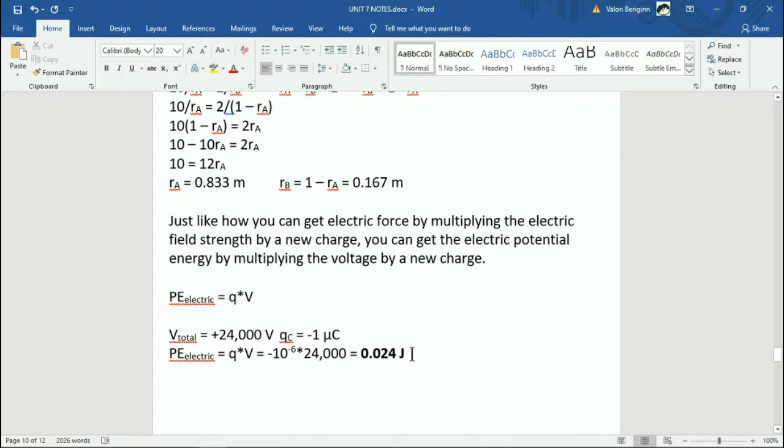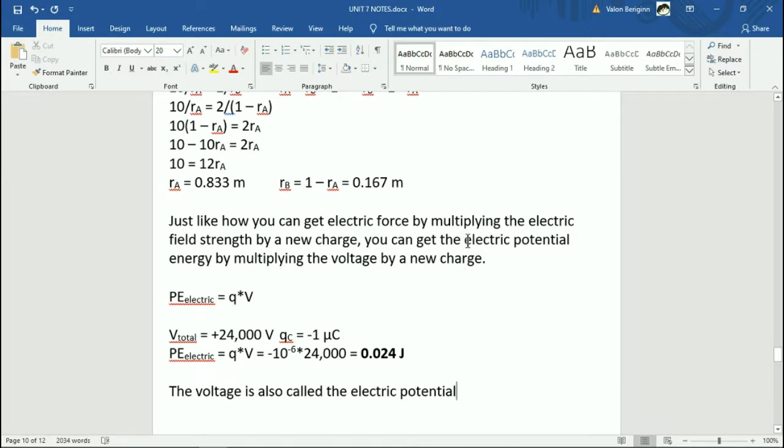The last thing I want to say about this is that the voltage has another name. The voltage is also called the electric potential. I hate this term, okay? Because we were just talking about electric potential energy.